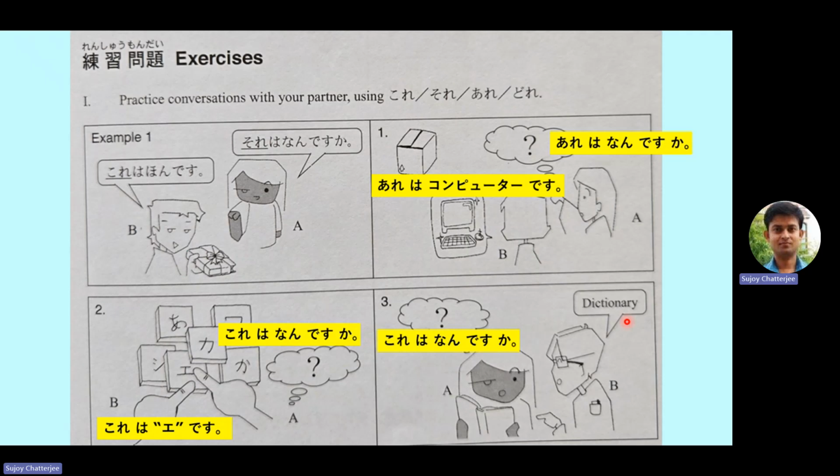And the answer will be "Sore wa jisho desu." Dictionary is called jisho in Japanese. Sore, because it's a little away from him, because the girl is holding that. So "Sore wa jisho desu." The question is, what is this? And the answer is, that is a dictionary.